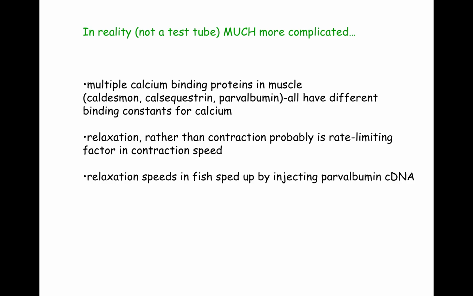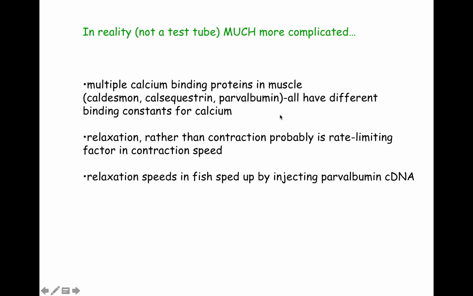These include proteins like caldesmon, calsequestrin, parvalbumin. They all have a different binding constant for calcium. So when calcium floods into the cell, these things will all bind calcium with different affinities, and so the calcium that is left over for troponins to bind can be affected by the concentration of all these other calcium binding proteins.